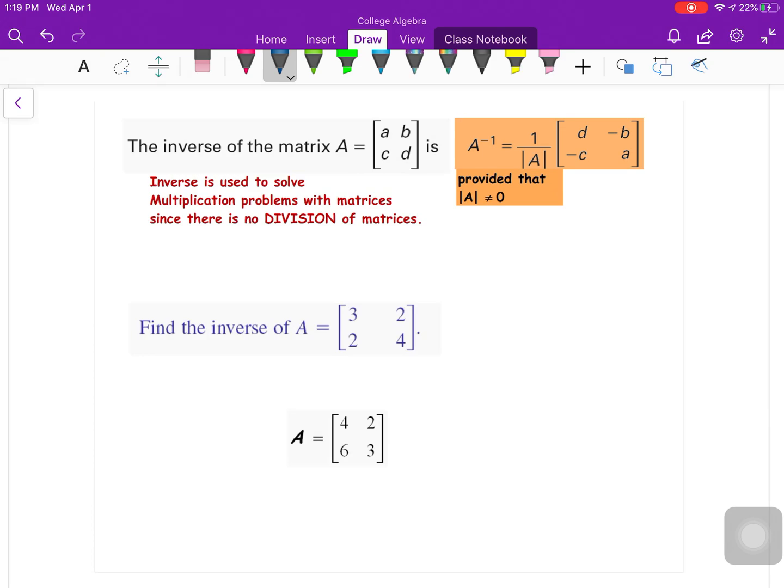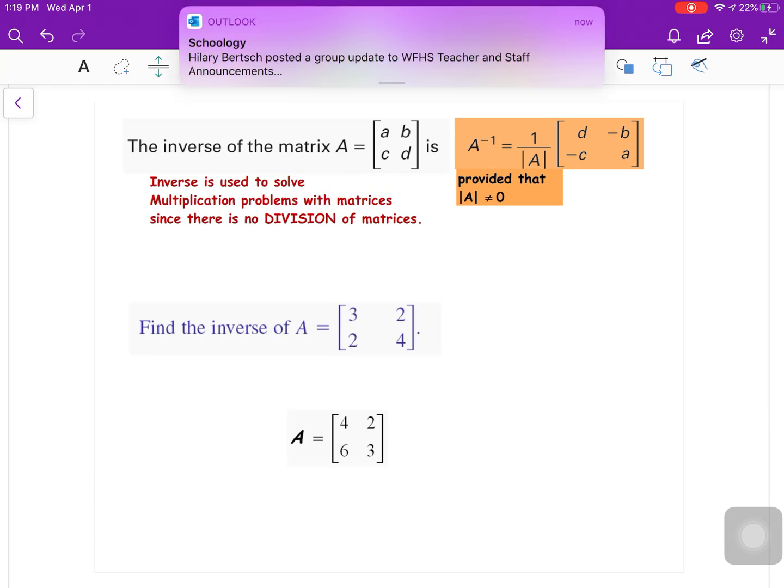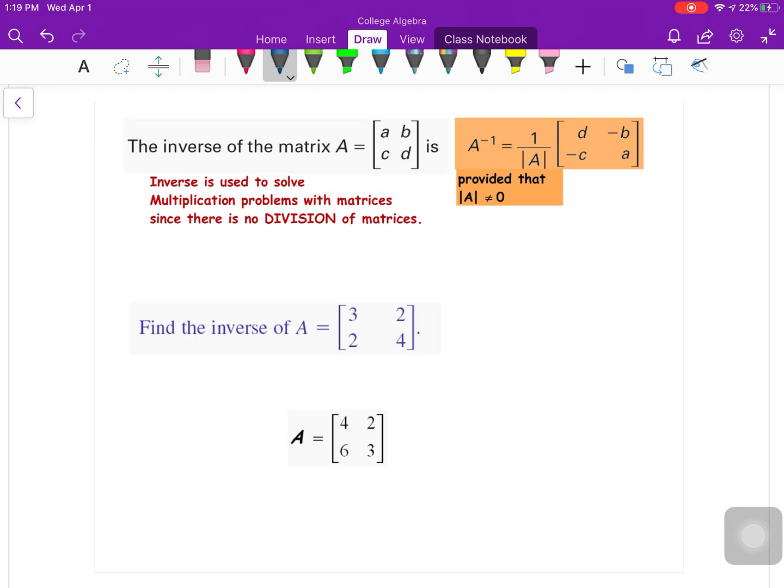Now we can find the inverse. So notice the inverse of matrix A: we take the reciprocal of the determinant. Notice then we have D, A. We switch the first diagonal.